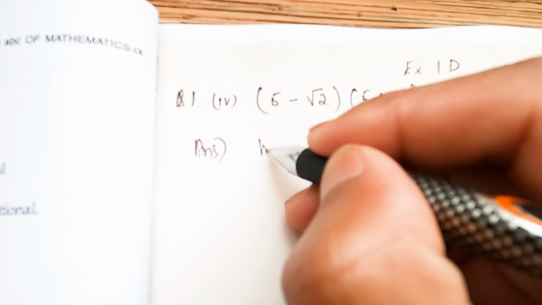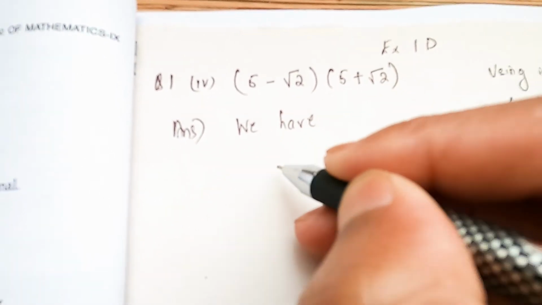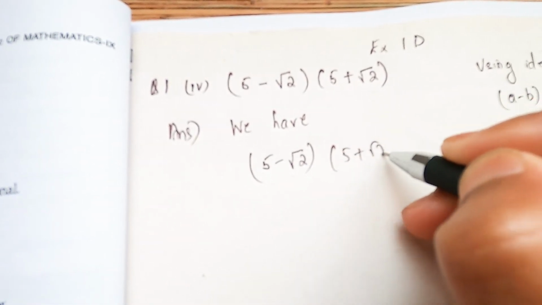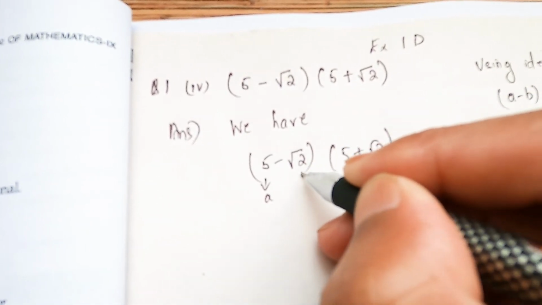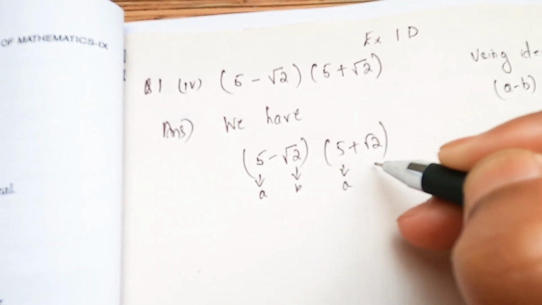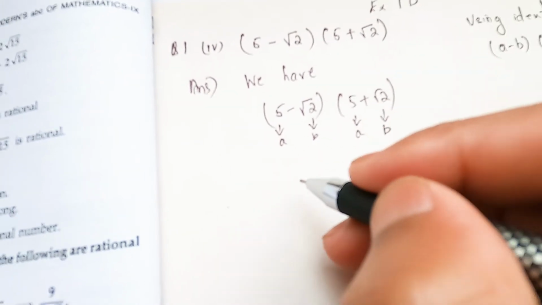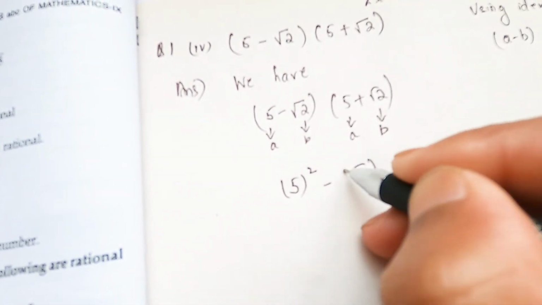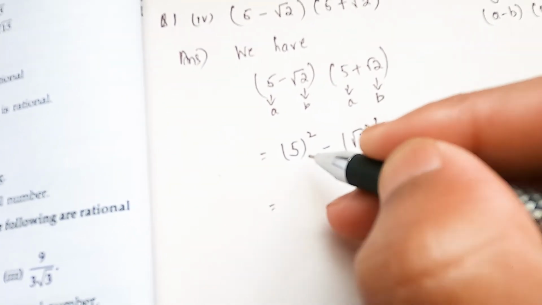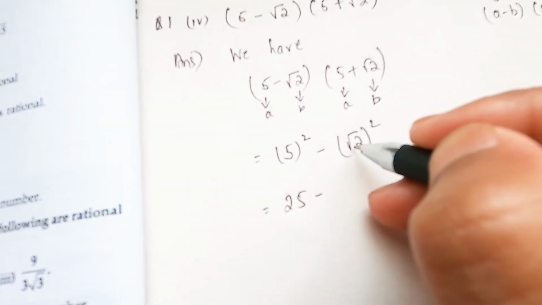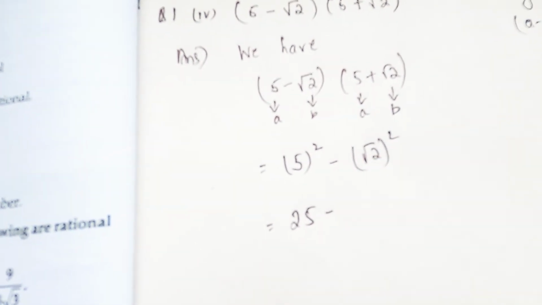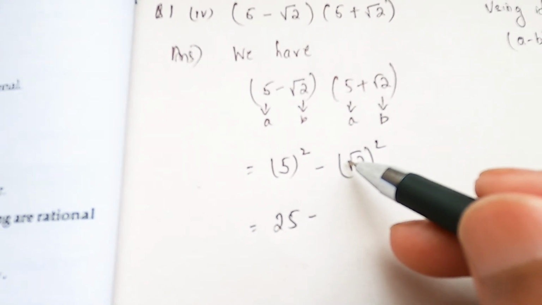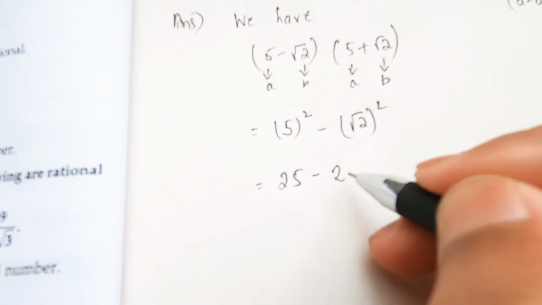So answer, you write we have 5 minus root 2, 5 plus root 2. So this is a, this is b, this is a, this is b. Using the identity, we will get 5 square minus root 2 square. So in this case it will be 25, and root 2 square, the square and the square root will vanish and we will be left with 2.